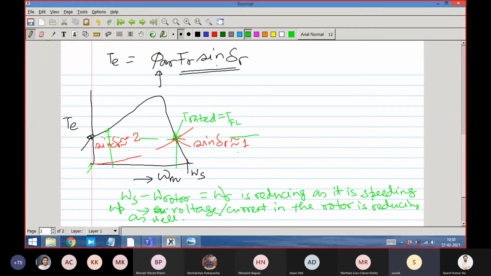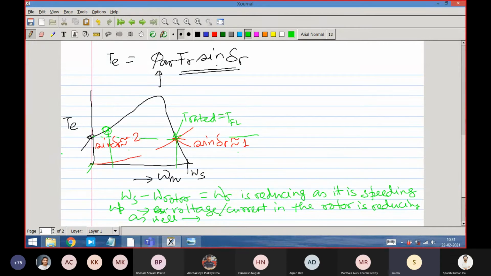But sine delta is also improving. So sine delta is going from 0.2 to a better value. As a result, the combined effect is that current is reducing, but sine delta is improving. So still the torque is more than whatever was the starting torque.